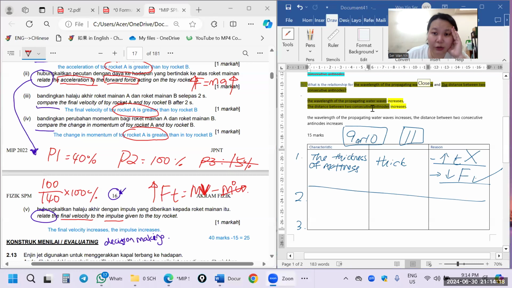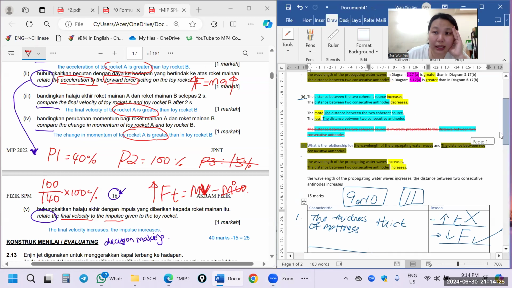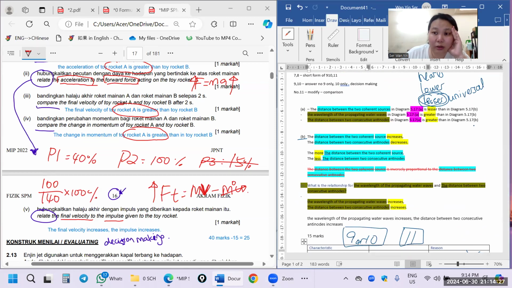Teacher, if compare, do we need to draw a table? No need. Just write sentences like this. Understand? Compare. Normally compare is 3 marks, relationship 2 marks, totally 5 marks. So please make 3 sentences like this.